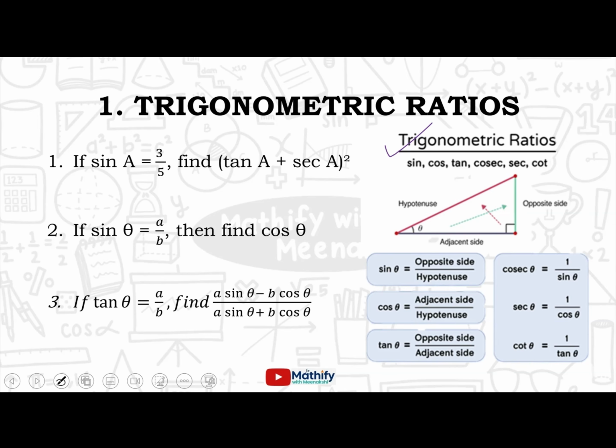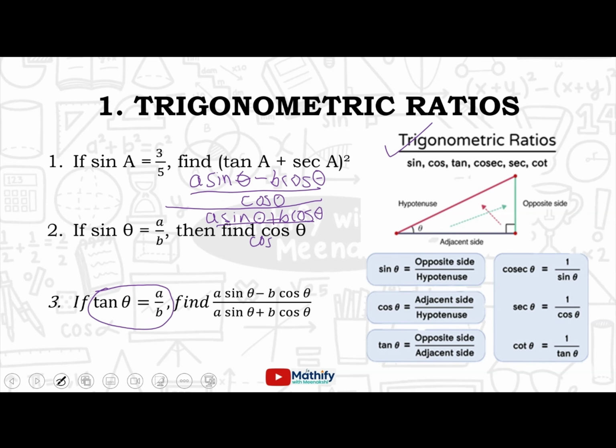If you realize carefully, you need tan. How can I get tan? Using sine and cos, simply divide your numerator and denominator by cos. So I will divide the numerator by cos. What will I get? I will write that for you. A sine theta minus b cos theta by cos theta, and then a sine theta plus b cos theta by cos theta.